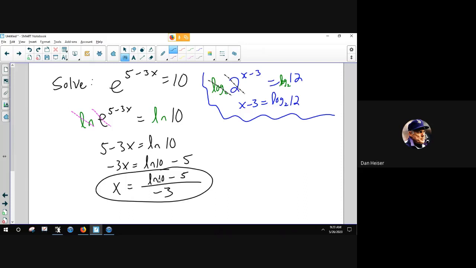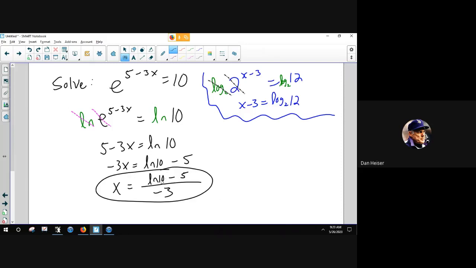Natural log of 10, subtract 5, all over negative 3. That is an exact answer. Not an approximation. Could you do an approximation? You could. But one of the things you're going to need to get used to is exact, precise. This is an exact answer.